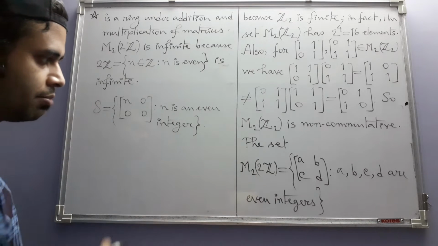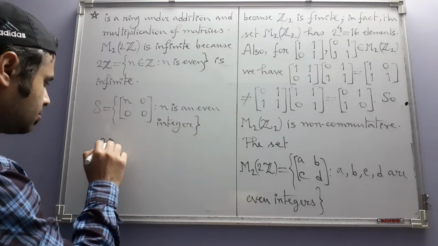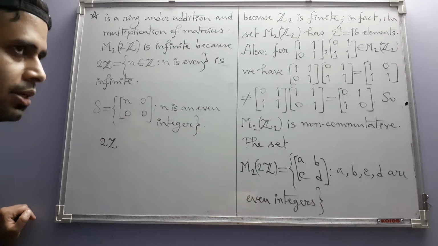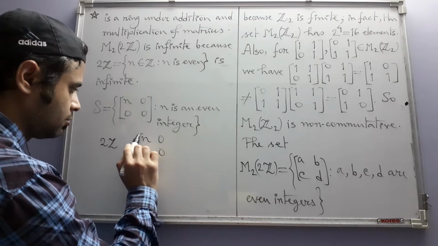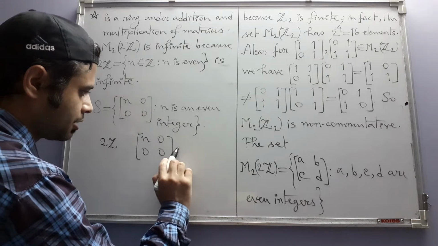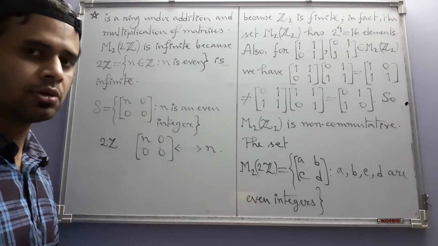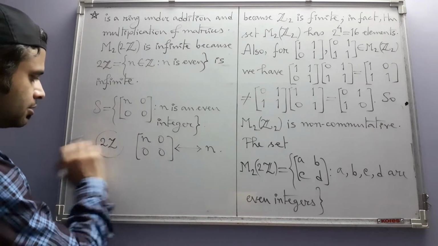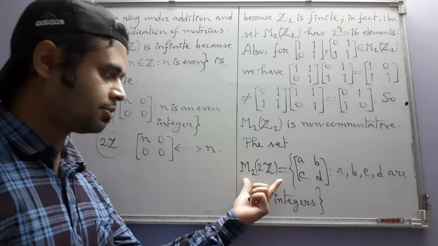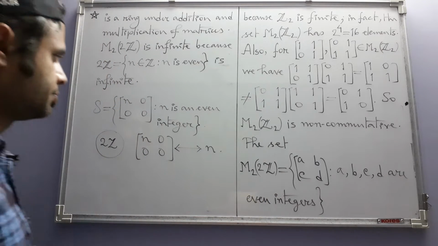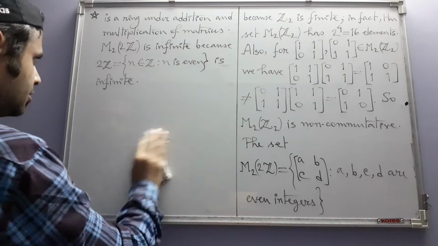This subset of M2(2Z) has the same cardinality as the set 2Z, and you can see why. The map which links this matrix with this integer n is a one-to-one correspondence, and you know that this is infinite, so S is infinite, and because S is a subset of this, this is also infinite. Okay, so the ring is an infinite ring.